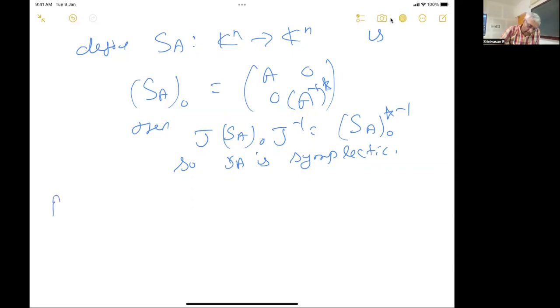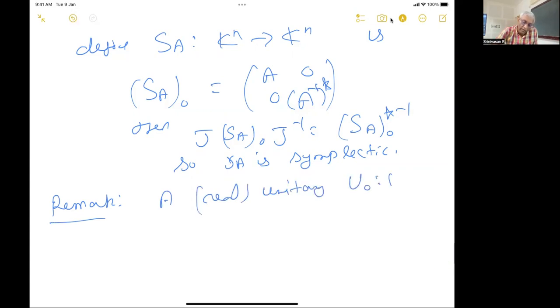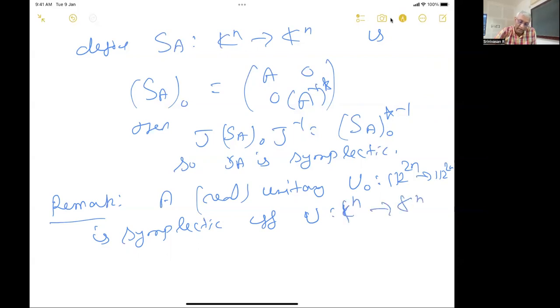A real unitary, so, remark: a real unitary from R2n to R2n is symplectic if and only if the corresponding U from Cn to Cn is unitary, complex unitary.